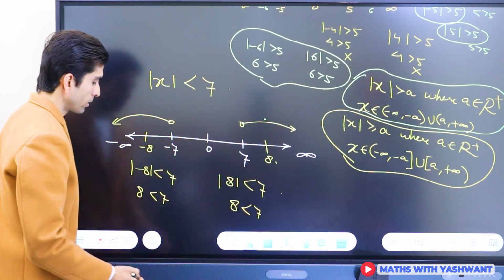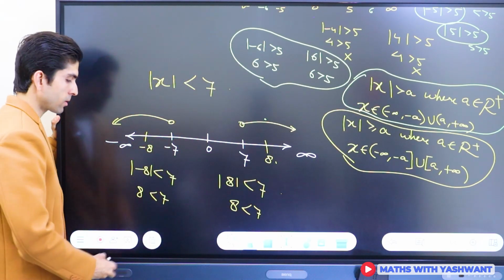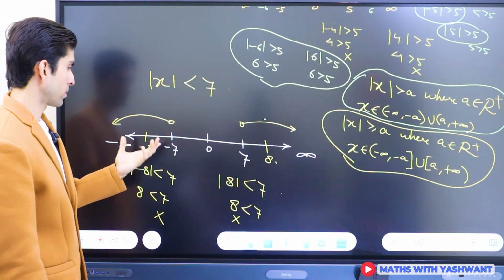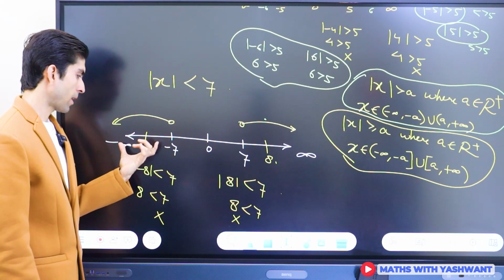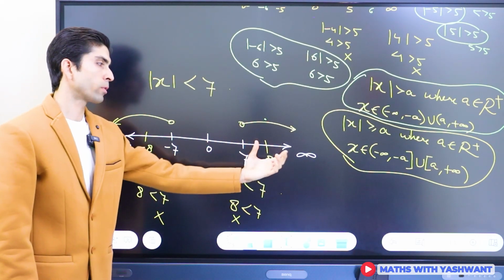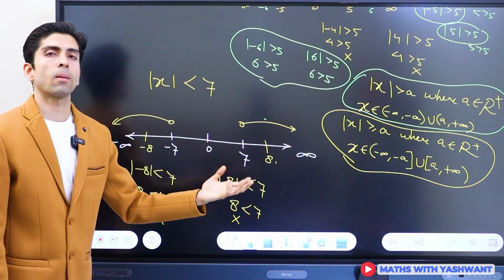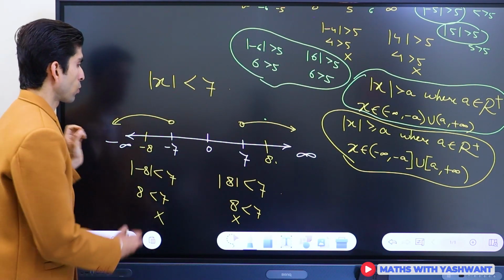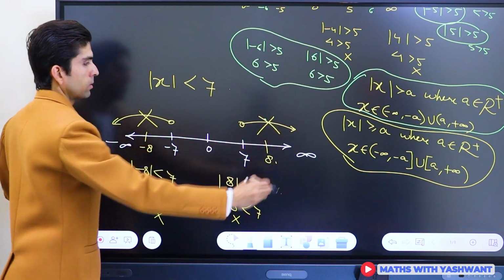So you can see here this is a wrong statement. 8 is never less than 7. So this is wrong and this is wrong as well. If you take any number from the extreme left interval negative infinity to negative 7 and the extreme right interval 7 to positive infinity, you can take some more numbers and verify none of the numbers will satisfy this inequality. So we reject these intervals.